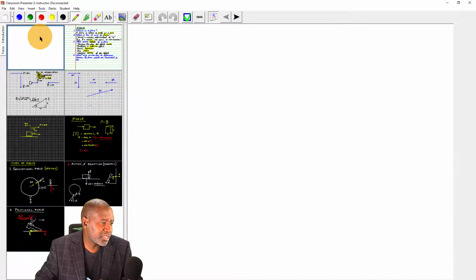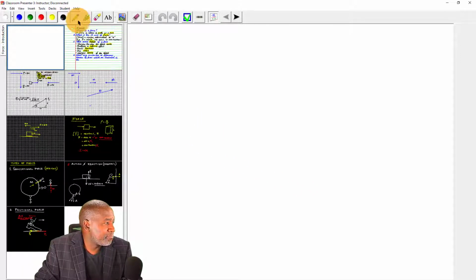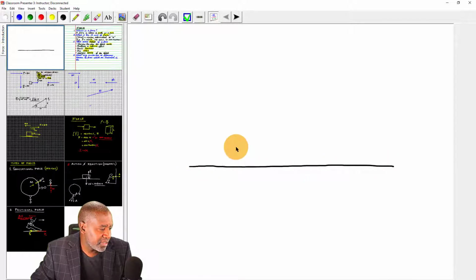Let me use this space here because I can see I've not used that slide. Let's just take this to be the road surface. This is one of the tires of the car. It's got 4 tires. Let's assume it is 4-wheel drive.